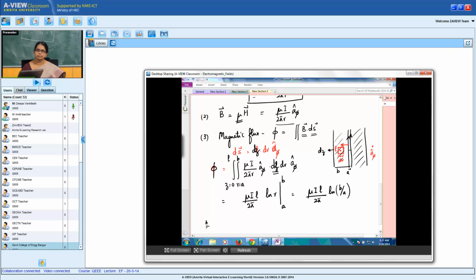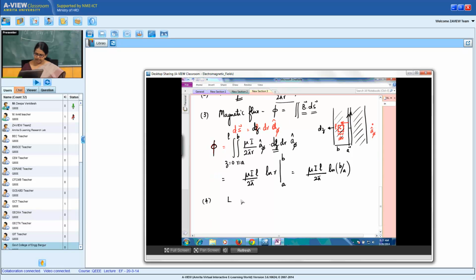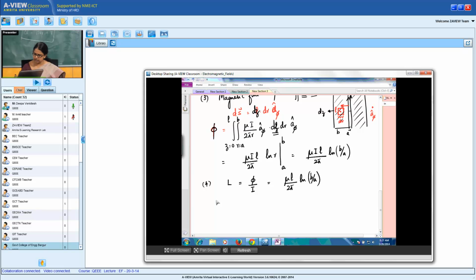Alright. So the third job is done. Now I can go back and do the fourth step, which is inductance is flux per unit current. So this would be mu L by 2 pi ln of B by A. And you know, for a transmission line, the parameters are defined per unit length.